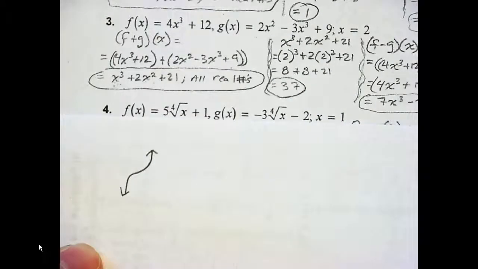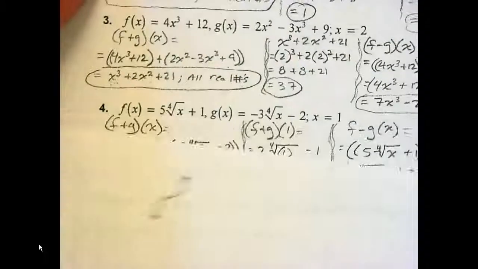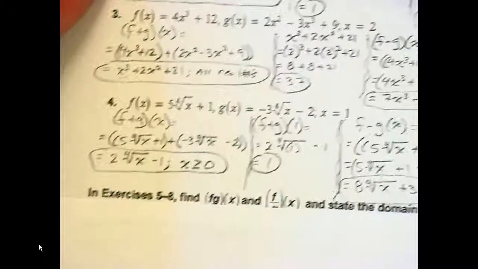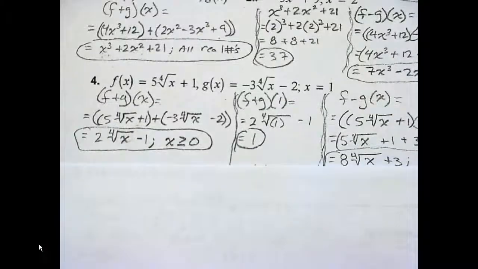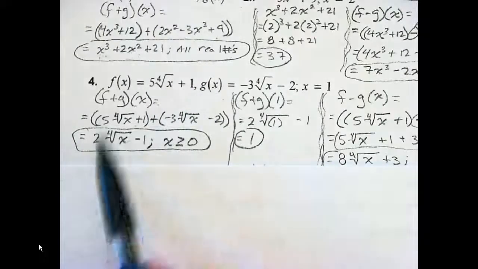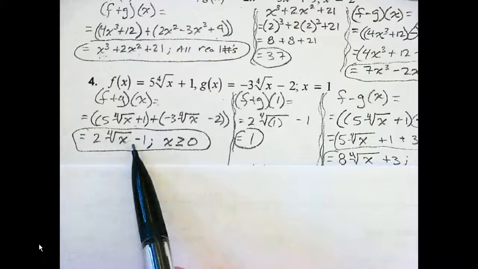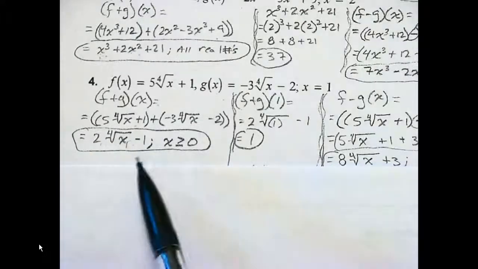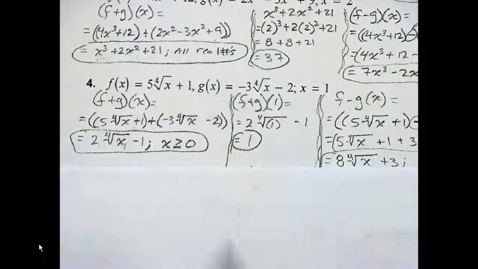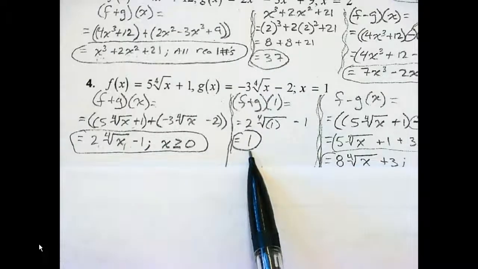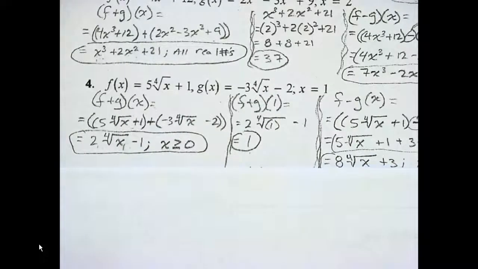All right. Number 4, I'm going to put that one up so you can see what it is. Number 4, when you add, you get 2 times the 4th root of x minus 1, x greater than or equal to 0. And you get 1 as your value there.